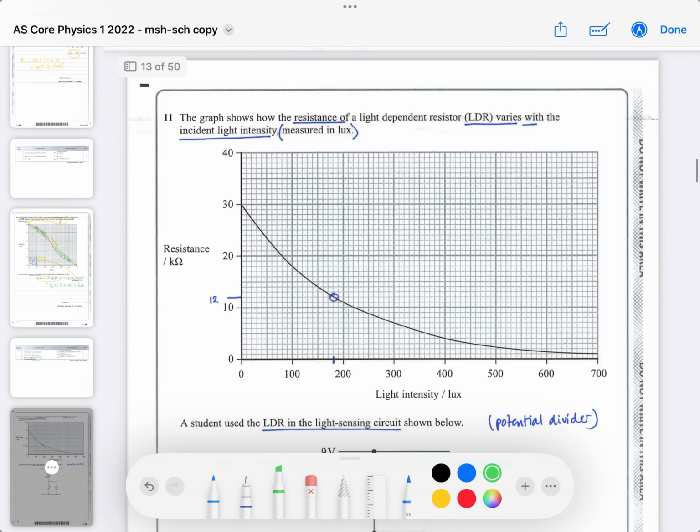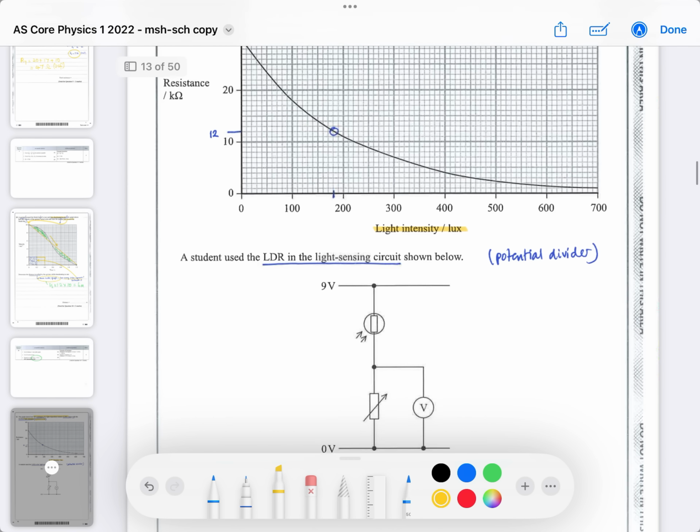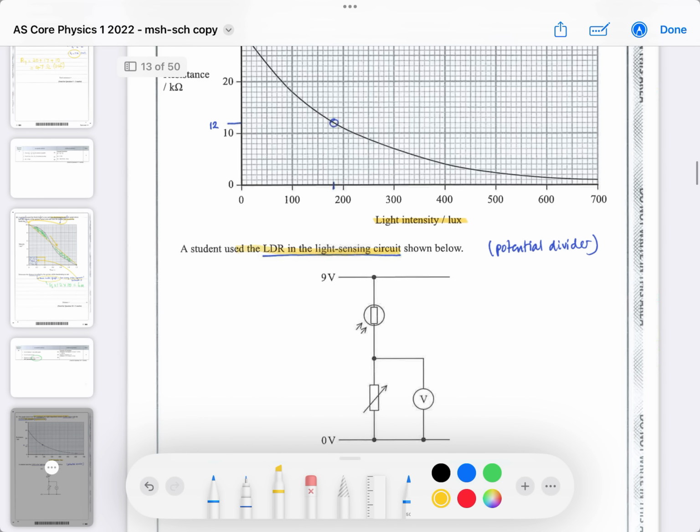Question 11, it says the graph shows the resistance of an LDR and how it varies with light intensity measured in lux. So they've got the lux light intensity units here, and they then use the LDR in a potential divider circuit where the 9 volts is divided between the resistance of the LDR and the resistance of a manually variable resistor.